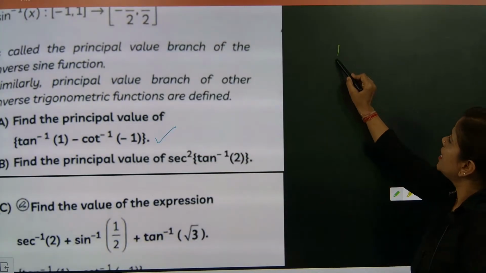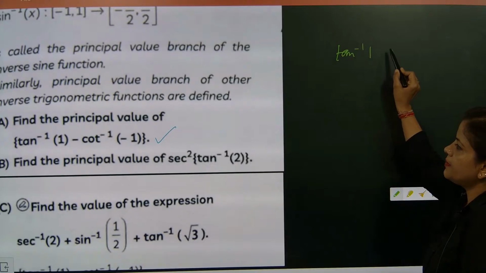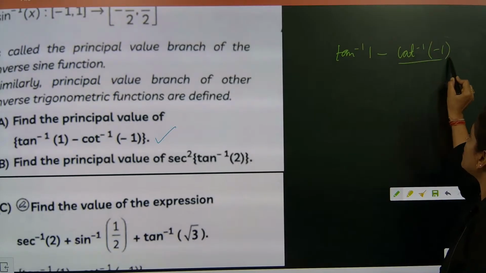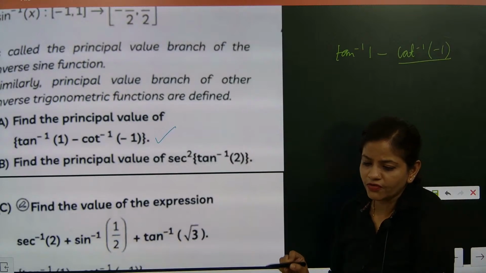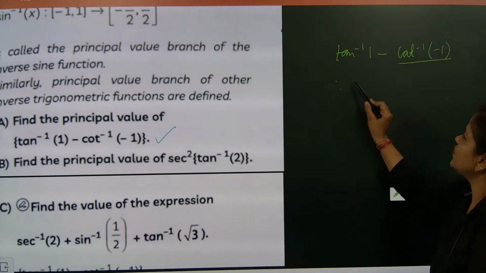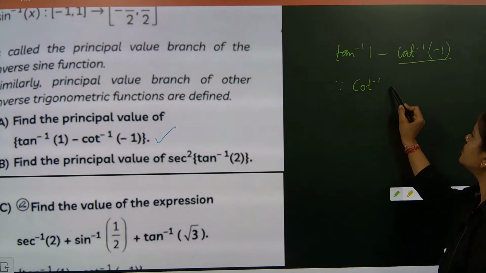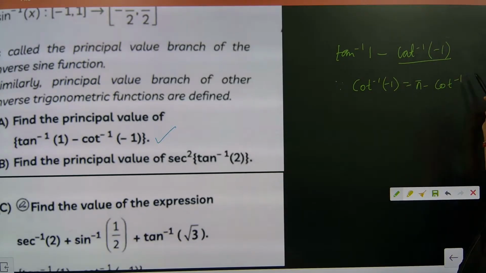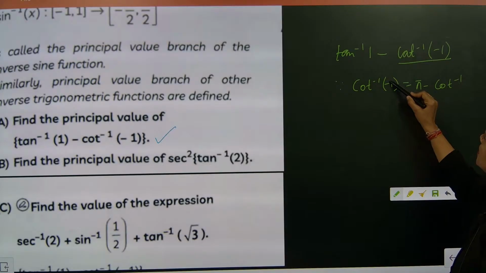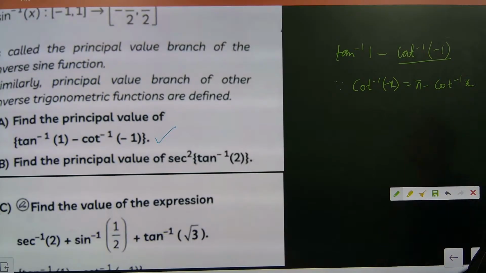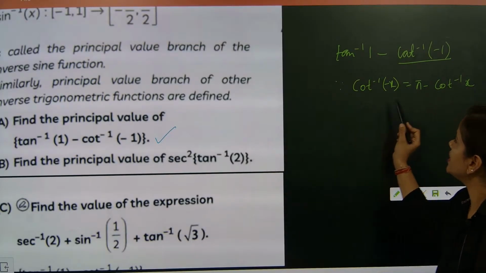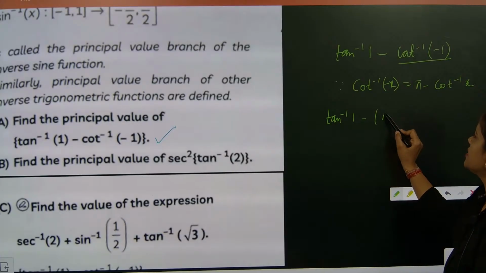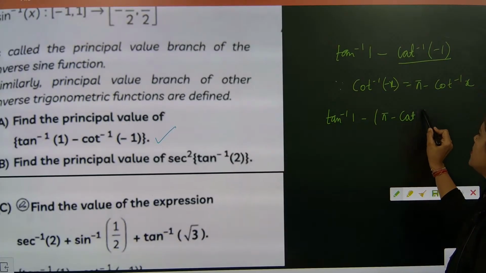See how to solve this question. Tan inverse 1 minus cot inverse minus 1. Now, beta, cot inverse minus 1. Just now I gave you one formula, that since we know that cot inverse of minus x is pi minus cot inverse x. So here we can write directly tan inverse 1 minus pi minus cot inverse 1.